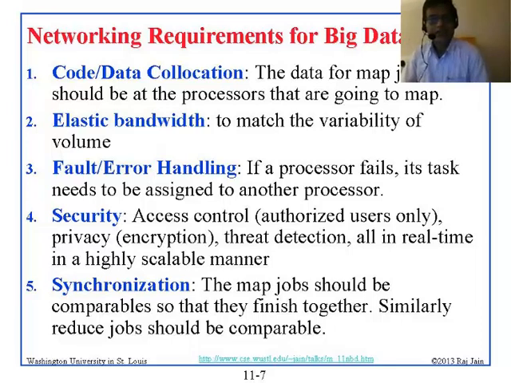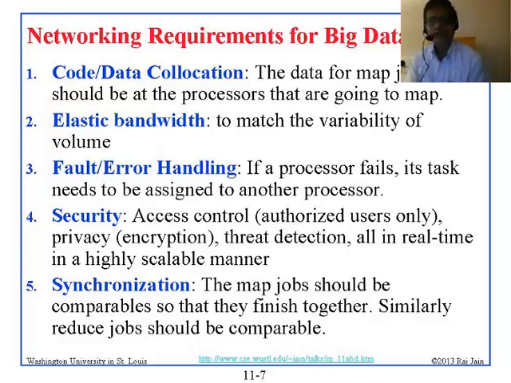The second thing is that the network should be able to handle the big variability in the demand, because when you have MapReduce, lots of map jobs get done at the same time, and suddenly there is a whole avalanche of data coming to the reduce processors, and so the network needs to be able to handle that kind of thing.